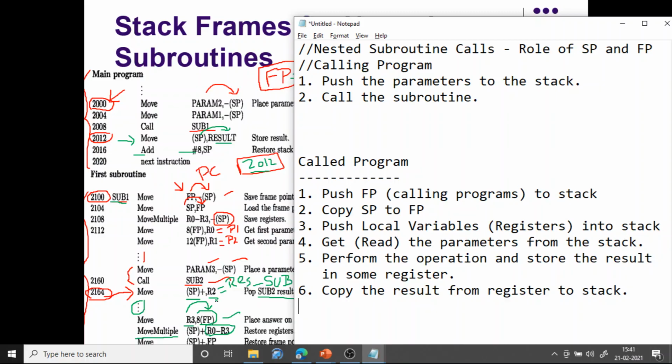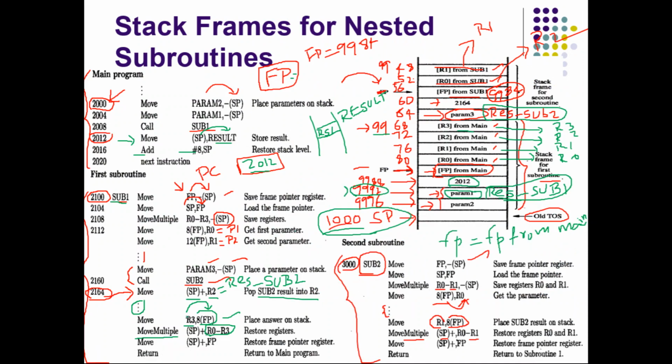Then finally, what is it expected to do? Here, this is the statement: move r3 comma 8 of sp, that is used to place the result into the stack. Okay, fine.